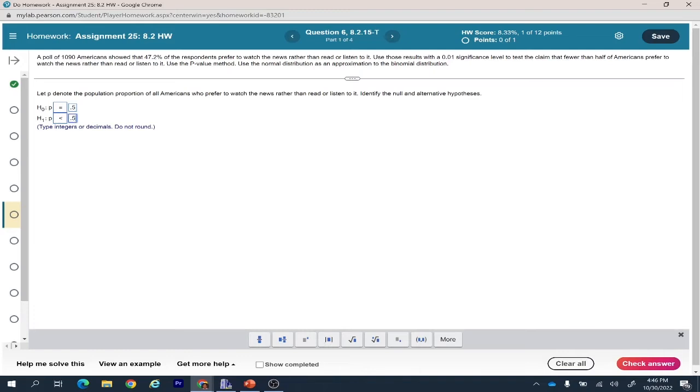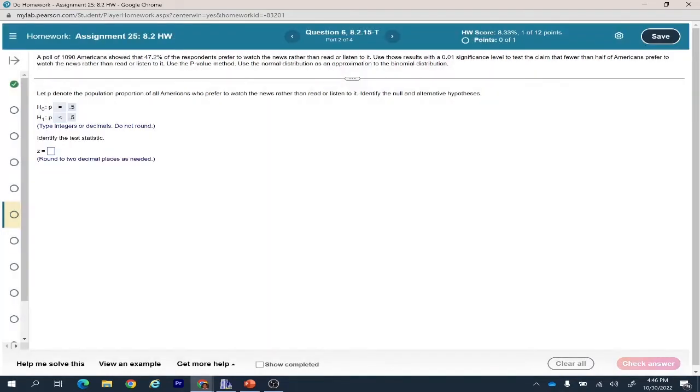Remember, the null hypothesis should always have an equality sign, and the alternative should be either less than or greater than, or both. Now identify the test statistic.